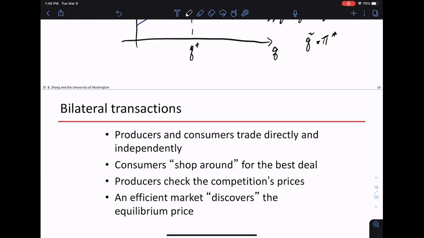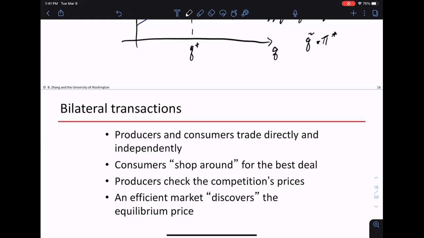But in our centralized auction, you don't have that choice. You tell the operator what you want, and the operator spits back this pi star to you. Normally this pi star doesn't have much to do with the price you bid at.